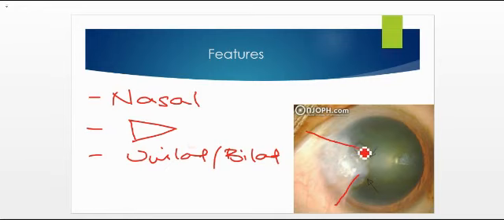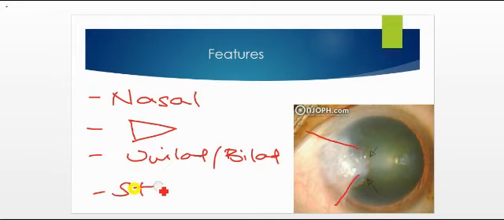And one important thing: the arrow pointing here, this line here, I'm not going to remove that because it's already pointed. That line is called Stocker's line. So what is Stocker's line?